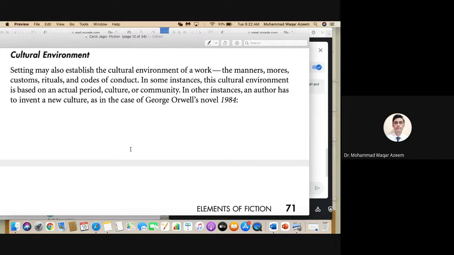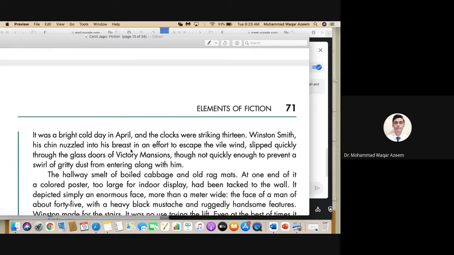Sometimes the context in the novel is not that of history, but that of culture. That is, certain cultures are introduced in the novel or in a short story. An example of that is George Orwell's 1984.